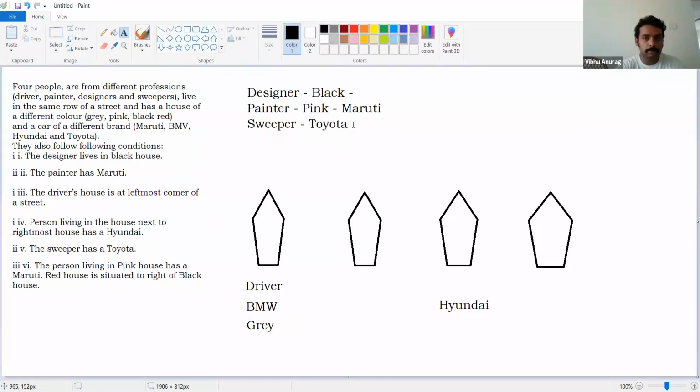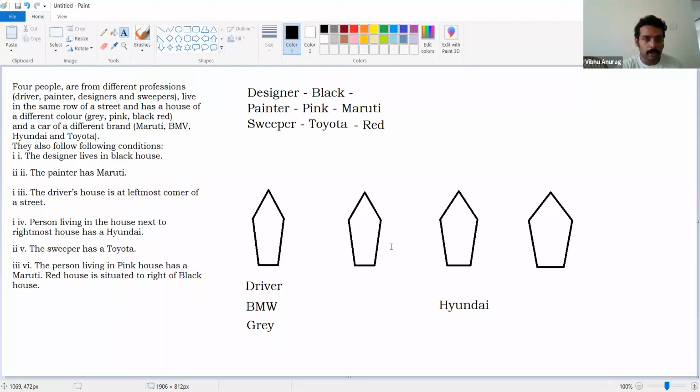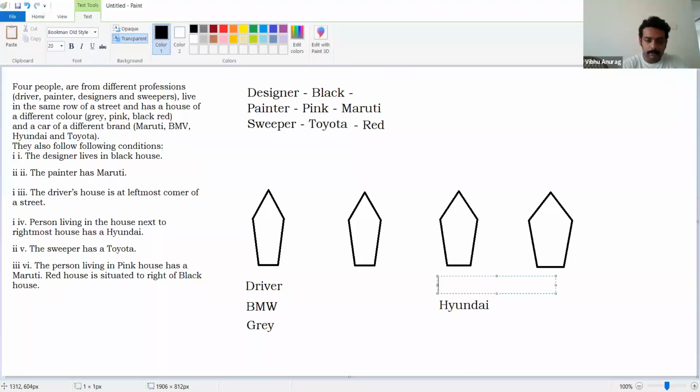Which means red house must be the sweeper with the Toyota. And the designer must have the Hyundai. So this guy living here is the designer.